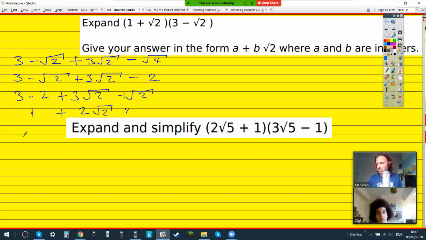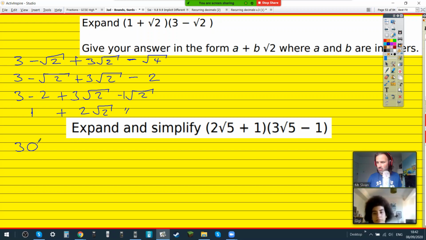2 root 5 plus 1 root 5 times 3 root 5. 2 root 5 times 3 root 5. 2 times 3 would be 6, and so it'll be 6 times 5 should be 30. Very good. 30.